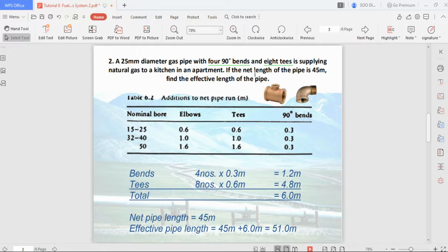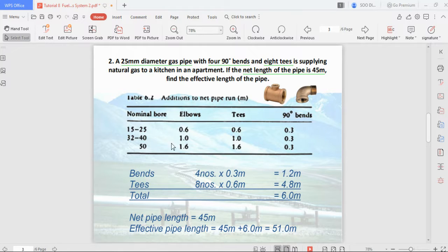If the net length is 45, you have to find the effective length of the pipe. So you are given 4 90-degree bends, which is this 4, and 8 tees, which is this. So referring to table 6.2, and you are given a 25 mm gas pipe diameter.